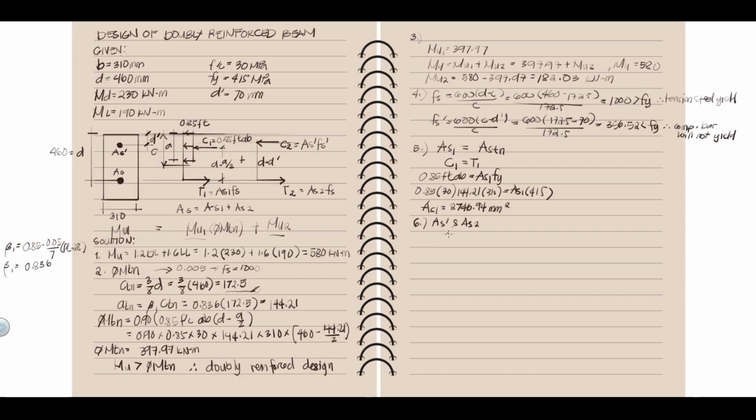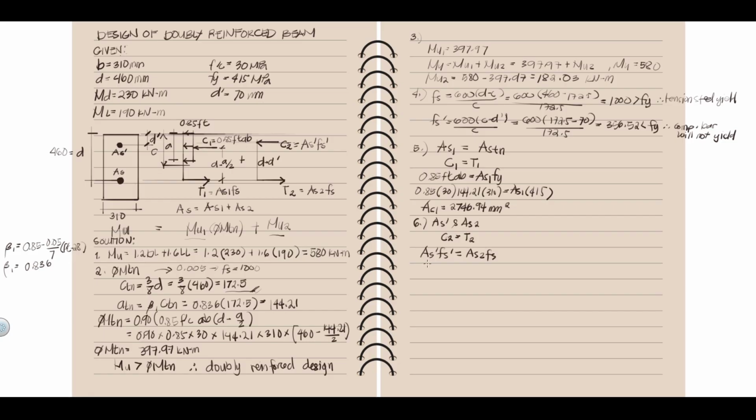By referring to diagram or force diagram number 2. So that is C2 is equal to T2. Yes, so C2 is equal to T2. So C2 here is the compressive force of the compression bar. So AS prime Fs prime is equal to AS2 Fs.